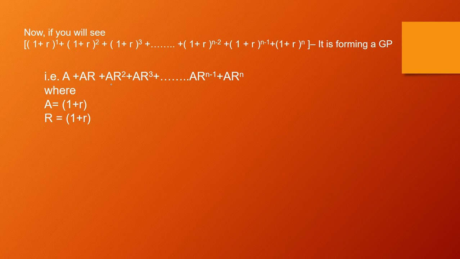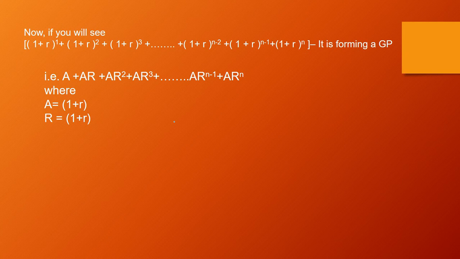The third term of GP is AR square. Instead of A we can write 1 plus R, and instead of R square we can write (1 plus R) to power 2. Since the base is the same, adding 1 plus 2 gives 3. So we get 1 plus R raised to power 3. So this term is forming a GP.